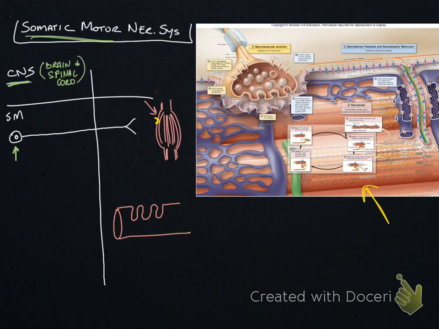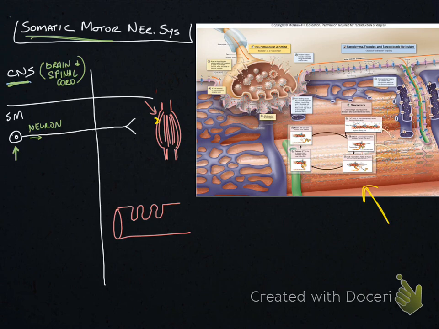Okay? And our cell body of our neuron, this is a neuron. This extension is an axon of the neuron, and remember, a neuron is a nervous tissue cell. Okay, so this whole thing is considered a cell.